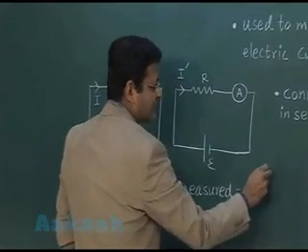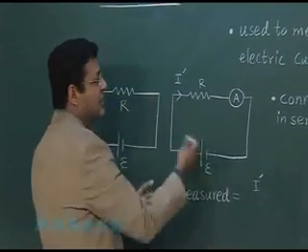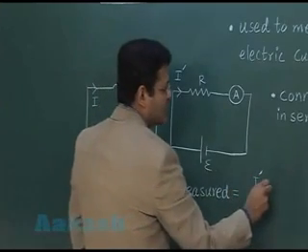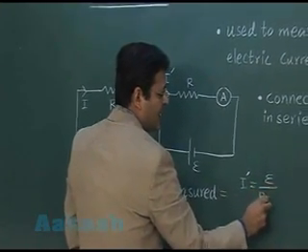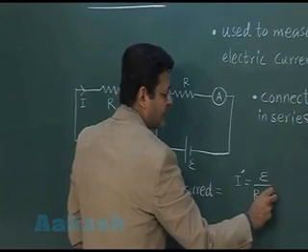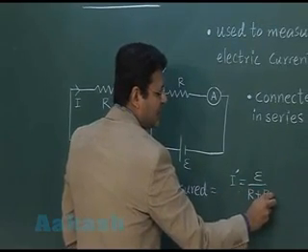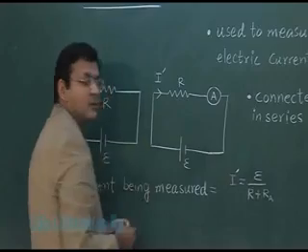Current being measured is I dash, which is EMF upon R plus RA. By RA we mean the resistance of the ammeter which you have connected.